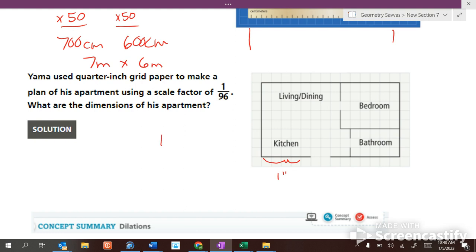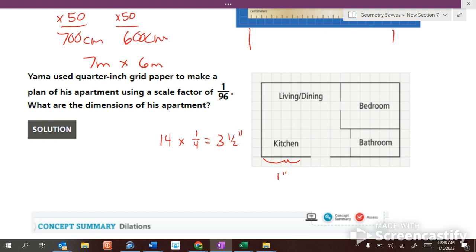If there are 14 squares and each is 1/4 of an inch, how many inches is this across? What's 14 times 1/4? Some of you don't need a calculator, but for most of you, you do. What'd you get, Lincoln? 3.5. So it's 3.5 inches this way.